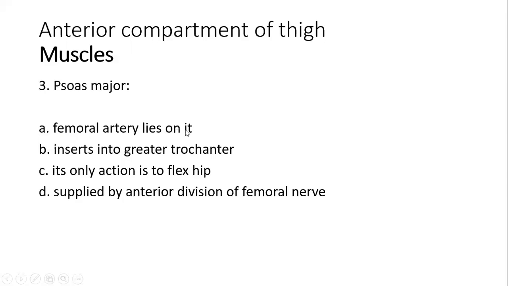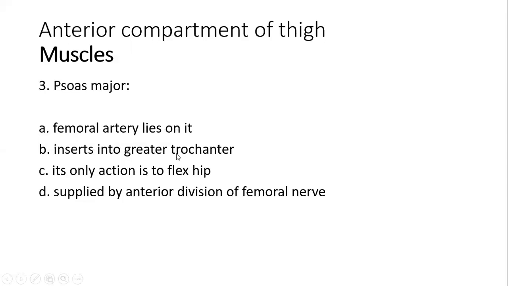So let's see option A: femoral artery lies on it, inserts into the greater trochanter, its only action is to flex hip, supplied by anterior division of the femoral nerve. Now again, apply the exclusion strategy. Which of these options are false? Inserts into greater trochanter? No, it does not.